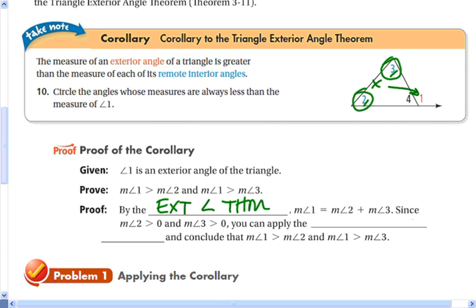Since the measure of angle 2 is greater than 0 and the measure of angle 3 is greater than 0, you can apply the comparison property, the one that we just learned on the previous page, and conclude that the measure of angle 1 is greater than the measure of angle 2, and the measure of angle 1 is greater than the measure of angle 3.